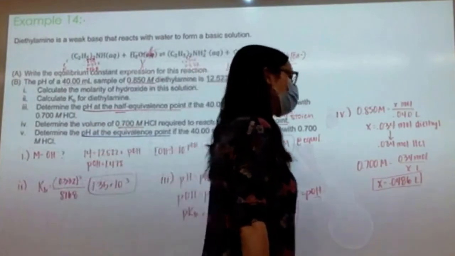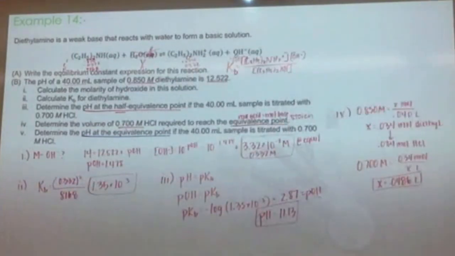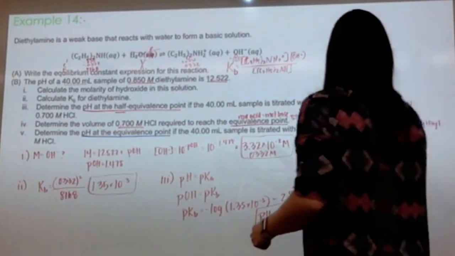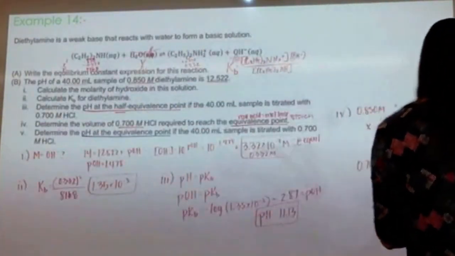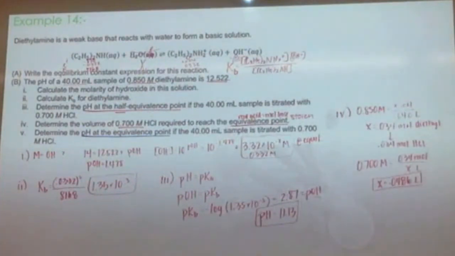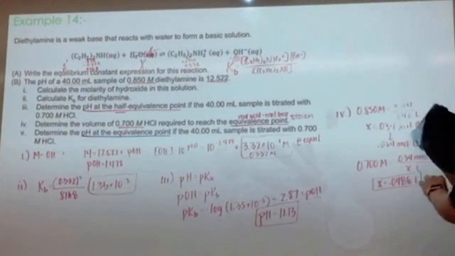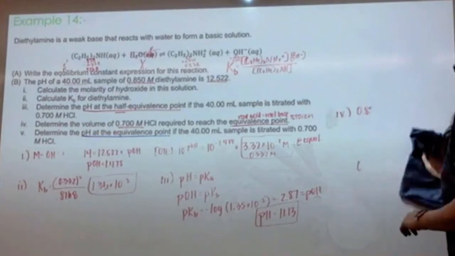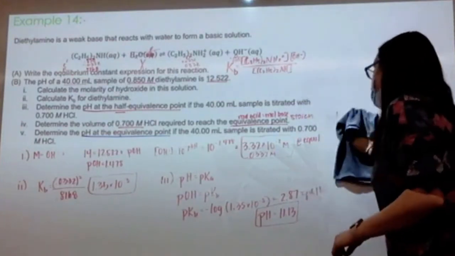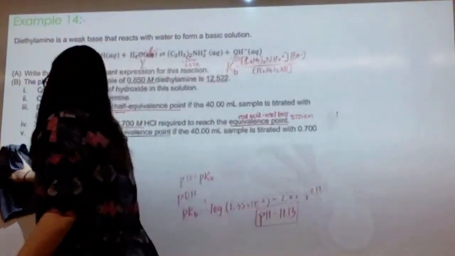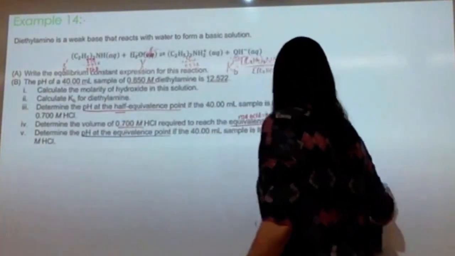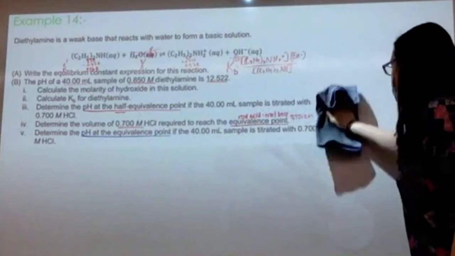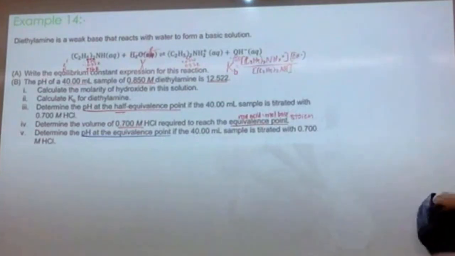If the 40 milliliter sample is titrated with 0.7 molar HCl, this is where we go back, and this is why we did the neutralization discussion last Friday. Because this is where we have to think about adding volume to volume, taking into account the dilutions, the stoichiometry, and the equilibrium.